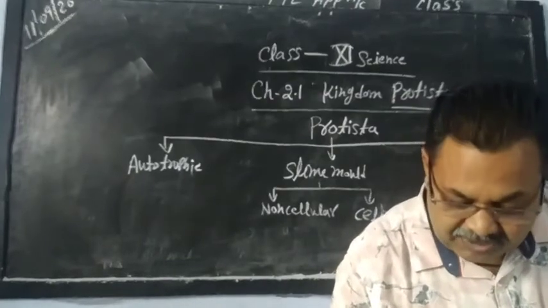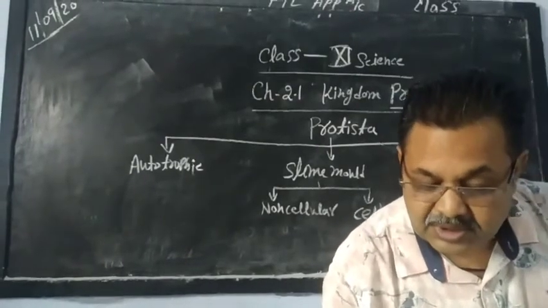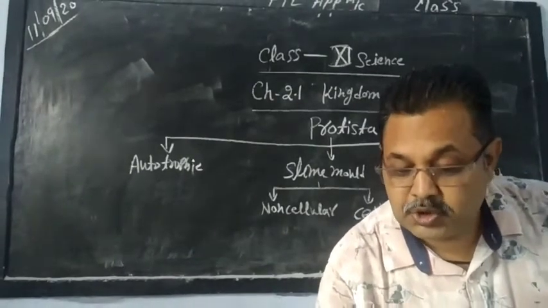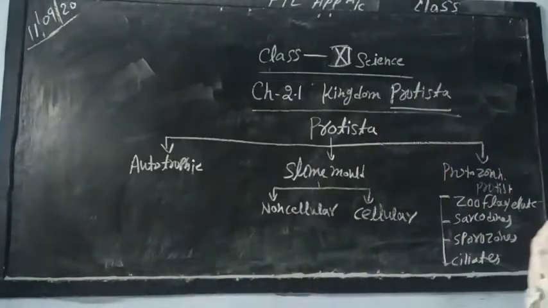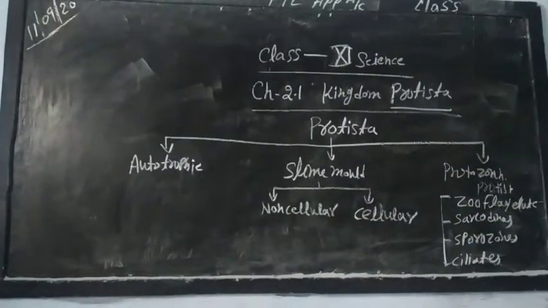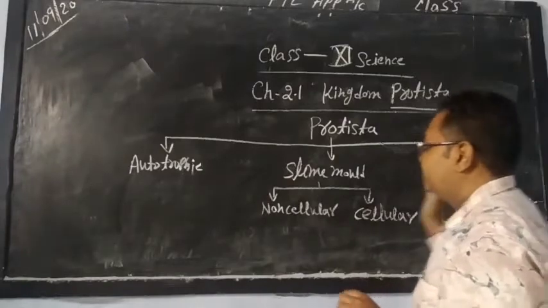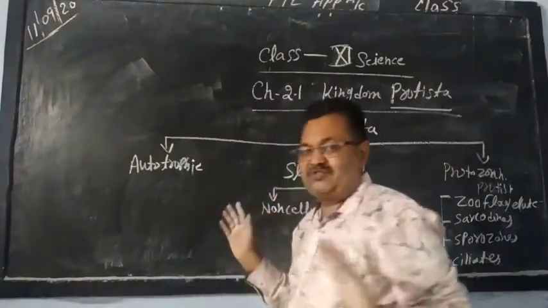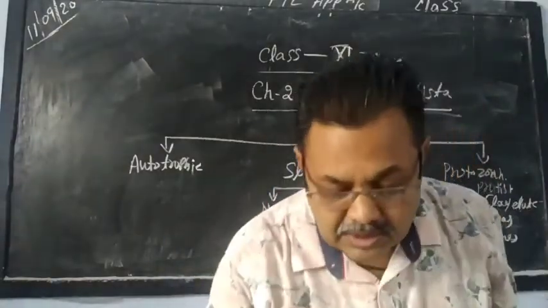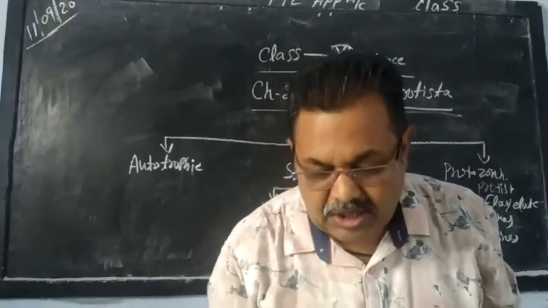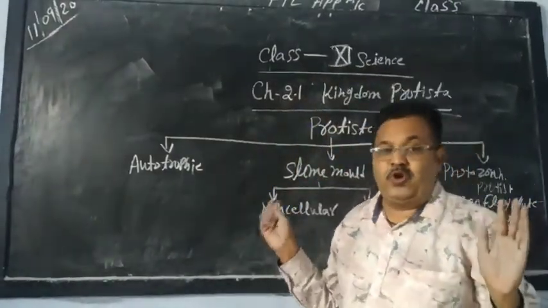Our next topic is nutrition in protist. Nutrition means how it takes food from the environment. On the mode of nutrition, protists are of the following types. First one is photosynthetic or holophyte.